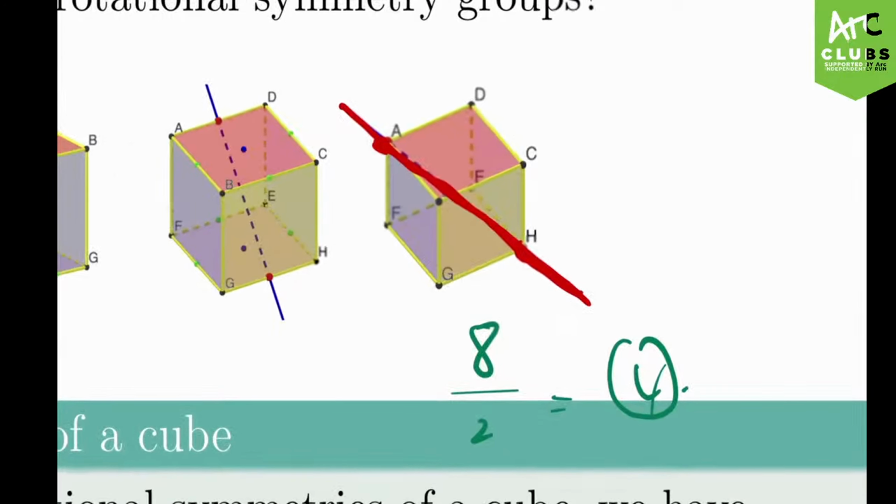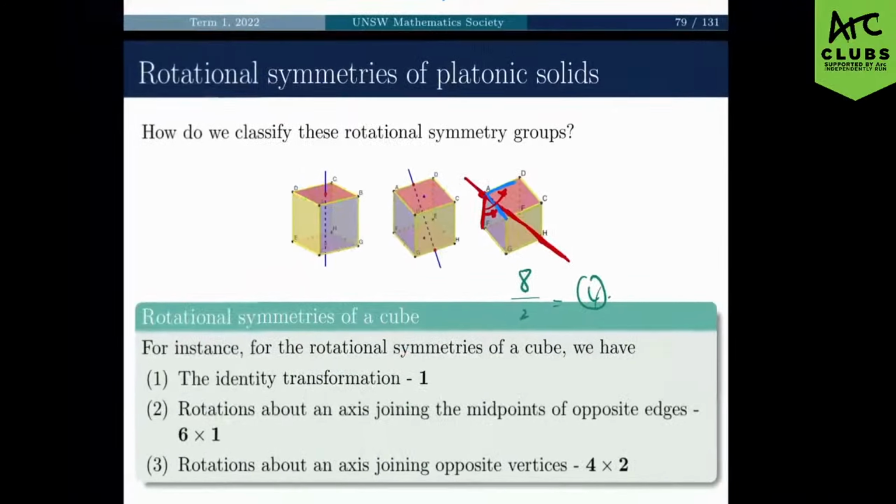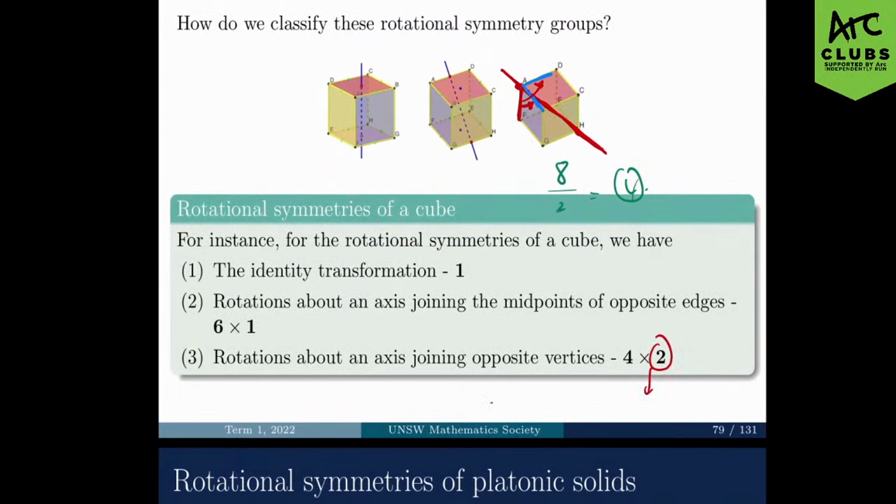There are, again, 3 edges. So each of these vertices can go to 2 other places. We're not considering the case where the vertex just stays by itself, because that's the identity. But this can go over here, or this edge can go down there. So there are 2 options. The 2 comes from the number of edges in total, minus 1.